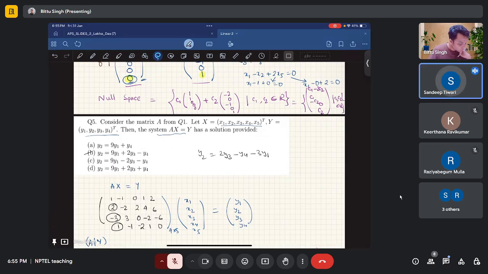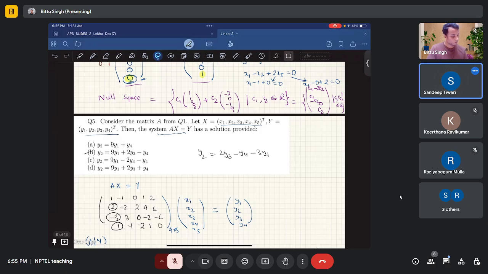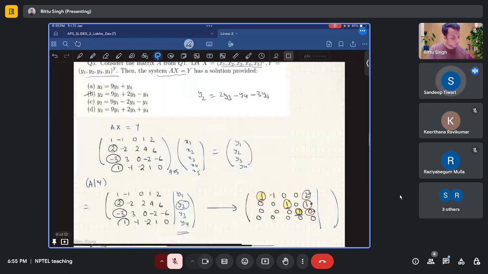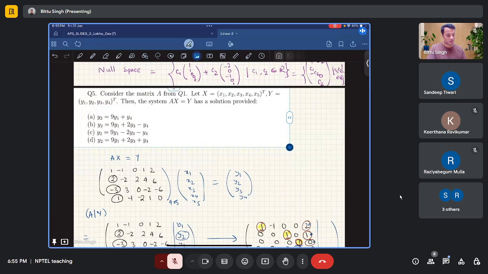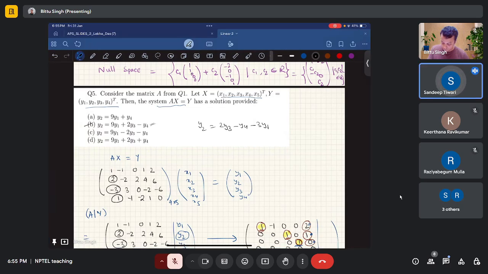Sir, I am also getting this. You have written y2 is equal to 2y3 minus y4 minus 3y1. You are getting this, but it should be that, because I checked earlier. It was previously matching with this answer. Sir, you can write this matrix again, sir, and perform the row operations again.